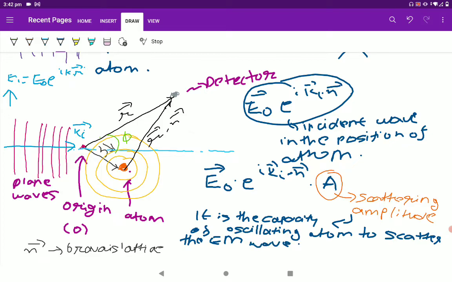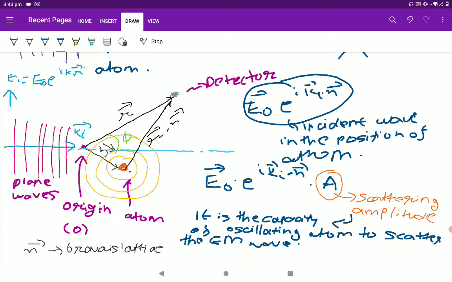Basically, the scattering amplitude shows how strong the spherical wave generated by this atom is. We don't care how much it is, we just understand that its value depends on the type of atom. For example, for carbon and silicon, we will have different values of scattering amplitude.